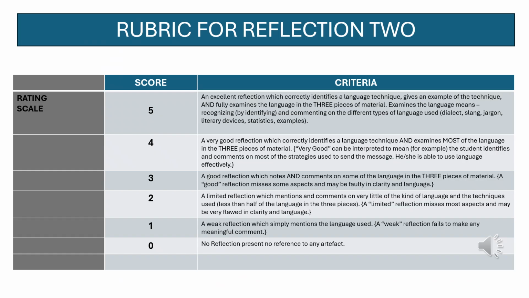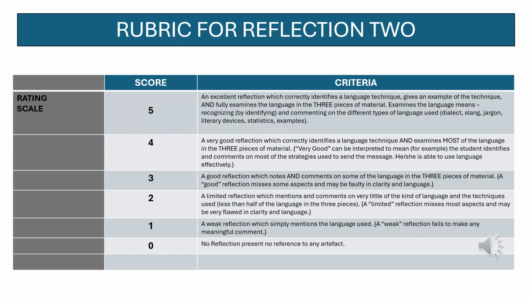Now, here is the rubric for reflection 2. And again, just want to repeat, reflection 2 is marked out of 5. Okay, so it's 10 marks for both reflections. All right, so score 5, that means excellent. An excellent reflection correctly identifies a language technique, gives an example of the technique, and fully explains the language in the 3 pieces of material.